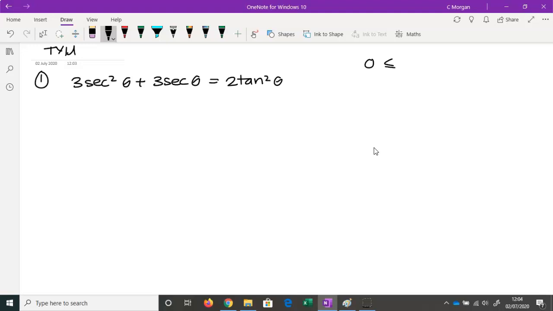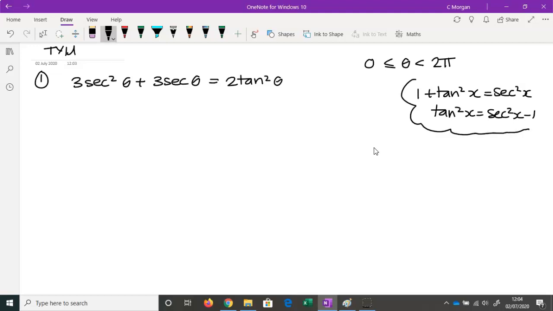And that was for values of theta between 0 and 2 pi, actually not including 2 pi, so it's in radians. And I'm just going to write out the fact that 1 add tan squared x is sec squared x, and therefore that tan squared x is going to be sec squared x minus 1, because I've just got a feeling that I might need that.